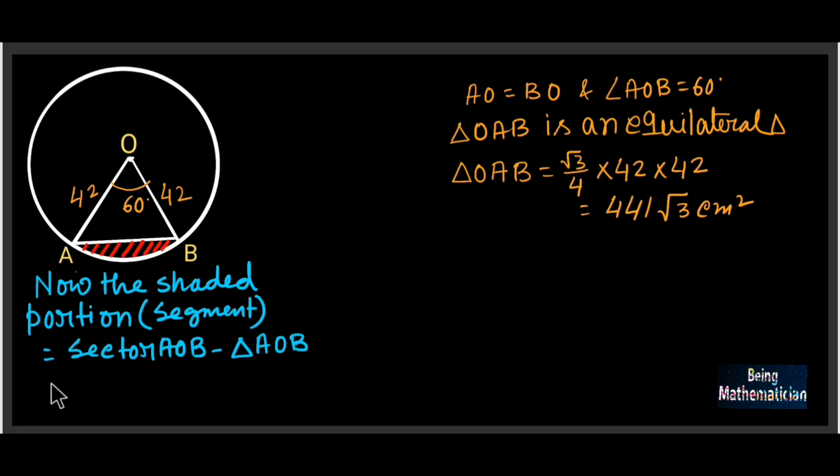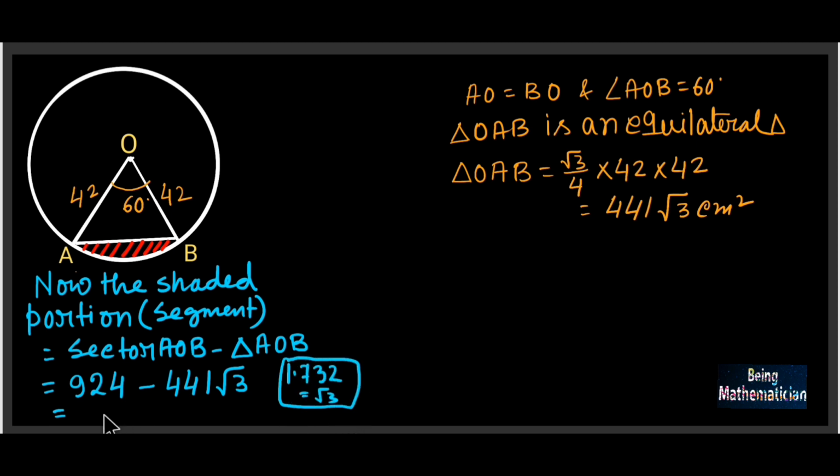So it is 924 minus the area of the triangle, which is 441 root 3. Now putting the value of root 3 as 1.732, we get 160.19 approximately. So it is the area of the shaded portion, and it is our answer.